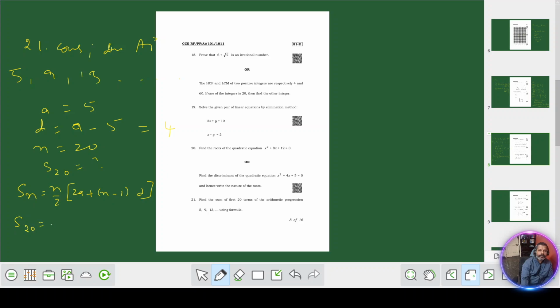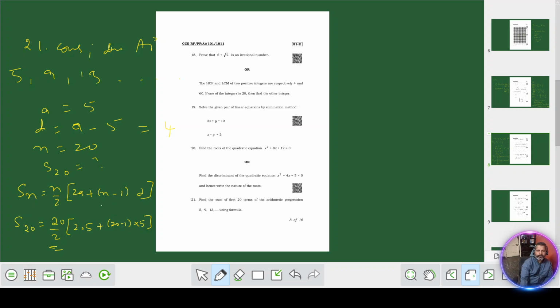We have to find S20. 20 by 2, 2 of a is 5, plus n minus 1, 20 minus 1, and d here is 5. First step, remember, always you have to substitute the values. Don't simplify there itself.